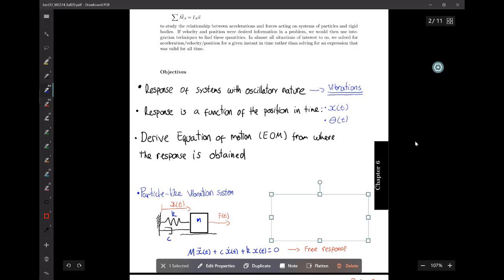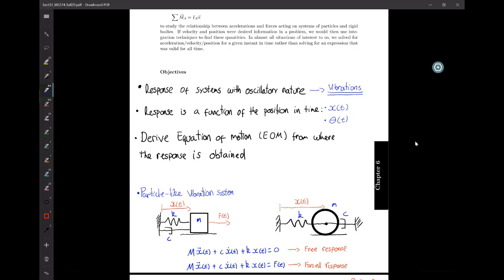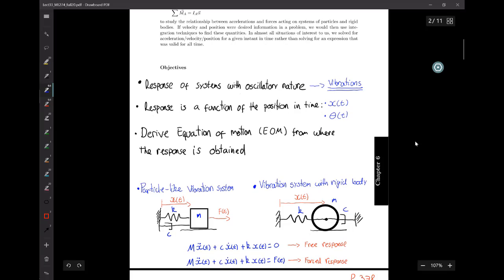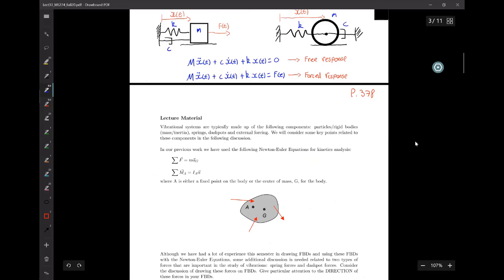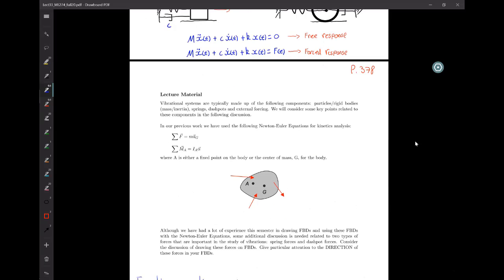And the nice thing is that we're going to be able to do this also for rigid bodies. And we're going to be able to get equations of motion for rigid bodies also. Okay, this class is about getting equations of motion. That's the lecture material that we're going to learn. And as I said, we don't need to do anything else. The rules that dictate motion are nothing else than Newton's second law.